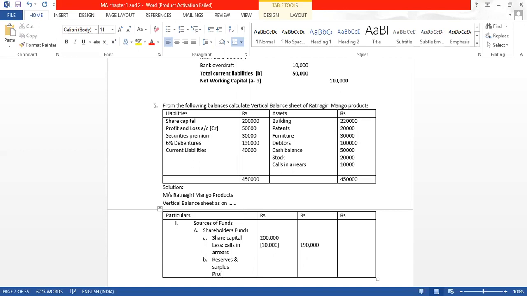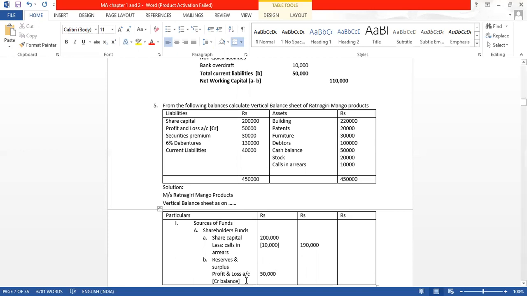Profit and loss account. It has come on the liability side, which means it represents profit. Profit and loss account credit balance. How much is the credit balance? It is 50,000.